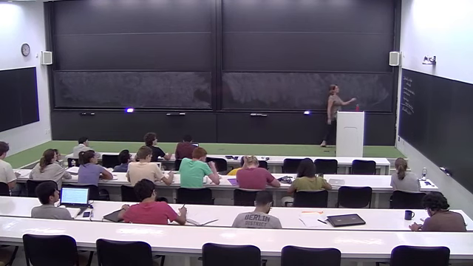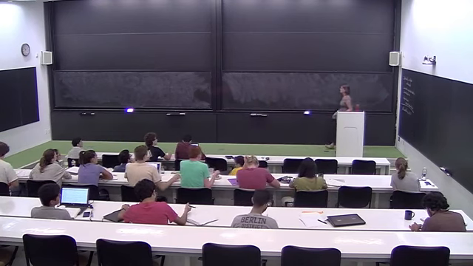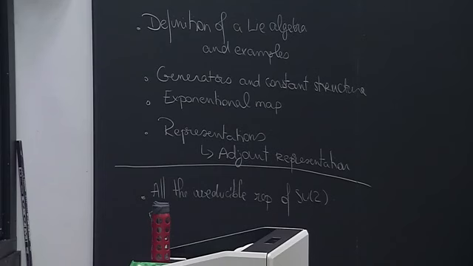So we stopped at the definition of a Lie algebra. So what is a Lie algebra? A Lie algebra is a vector space with a binary operation.